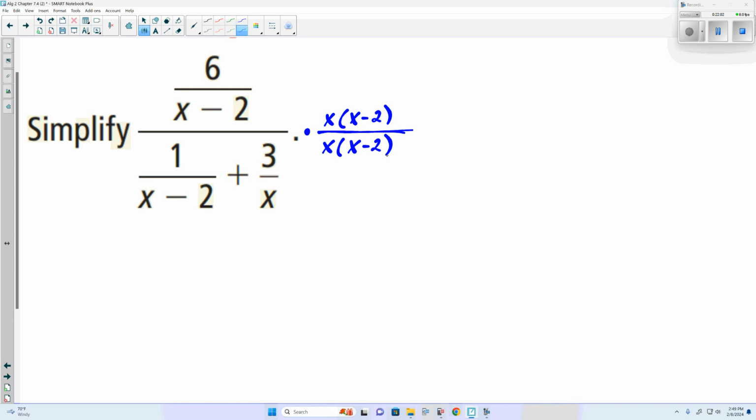Because the least common denominator of the denominators is x minus 2 and x, and we also have x. Questions on how we found the least common denominator?